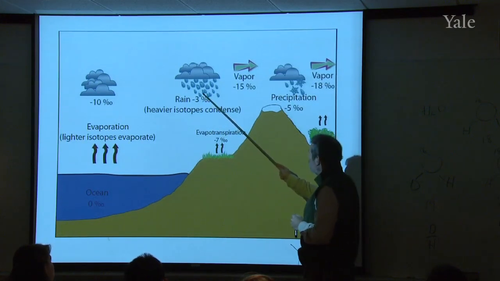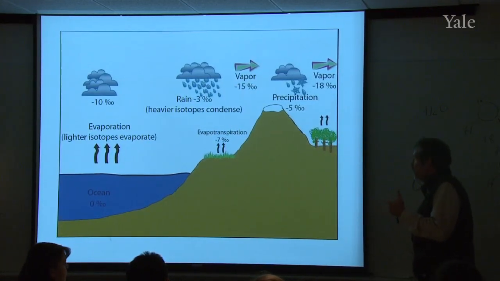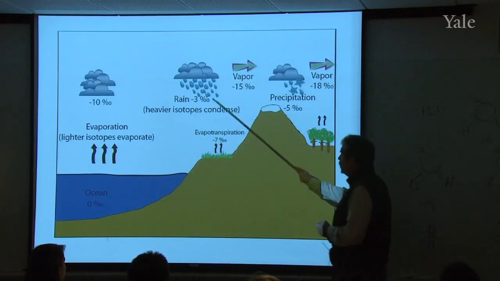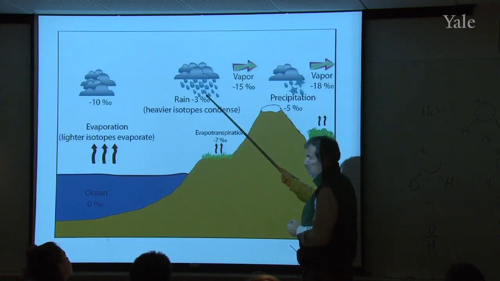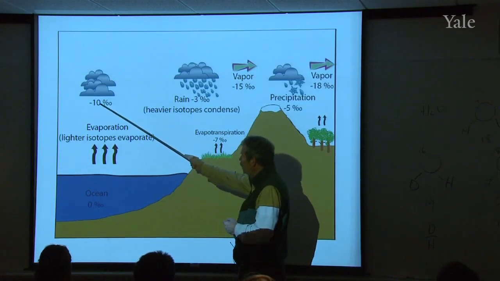Well, this is the rain. I hope I didn't misspeak. Rain and precipitation I'm using synonymously. But I'm drawing a stark contrast between the vapor and the rain. All right, so here the vapor you're starting with is minus 10 per mil.